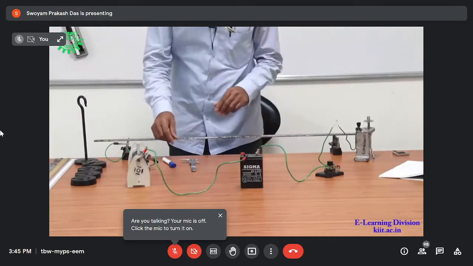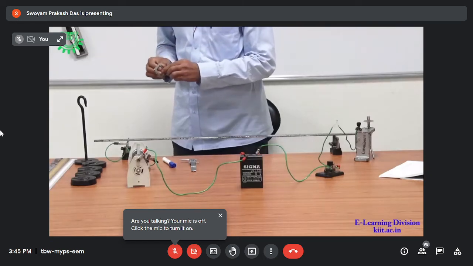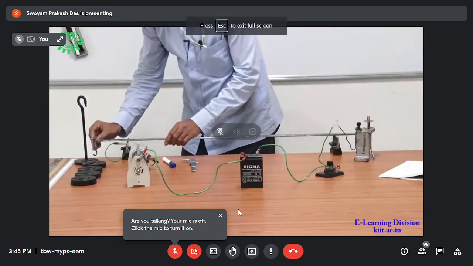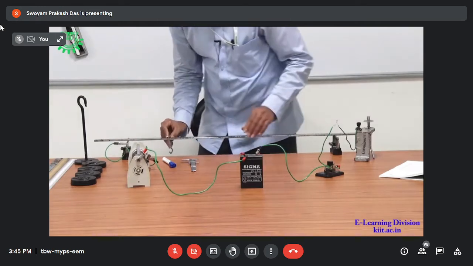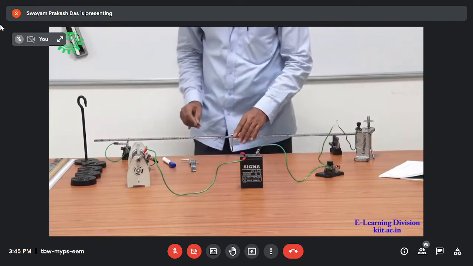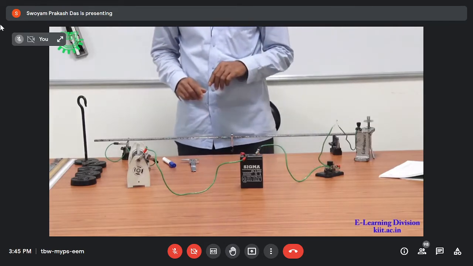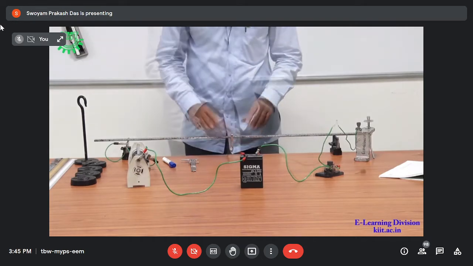So after you keep it, let us take this small hanger that will be kept exactly at the middle, that is at the position 0, to which we will provide the loads to get the depression in the beam.